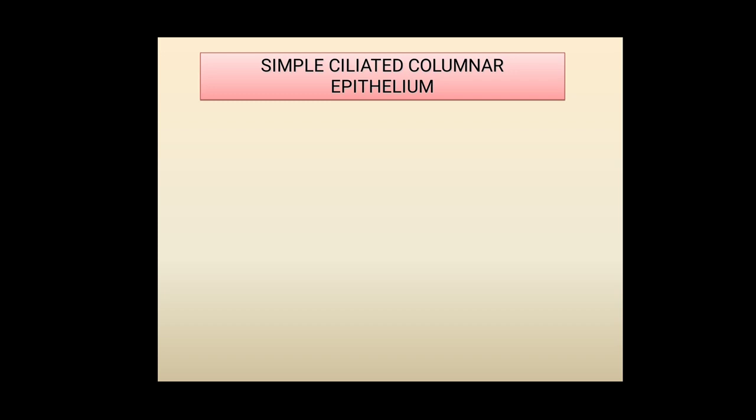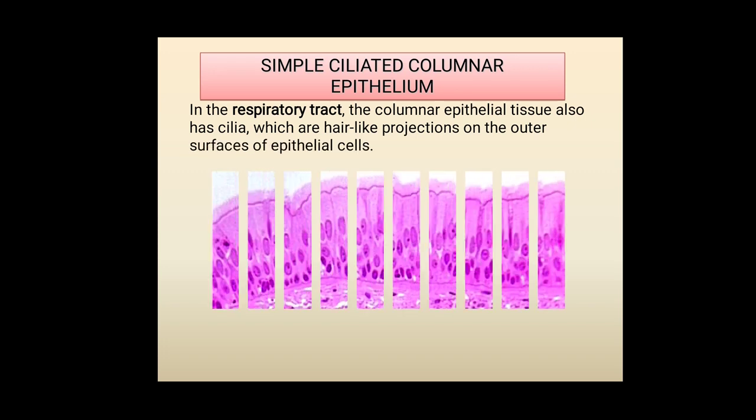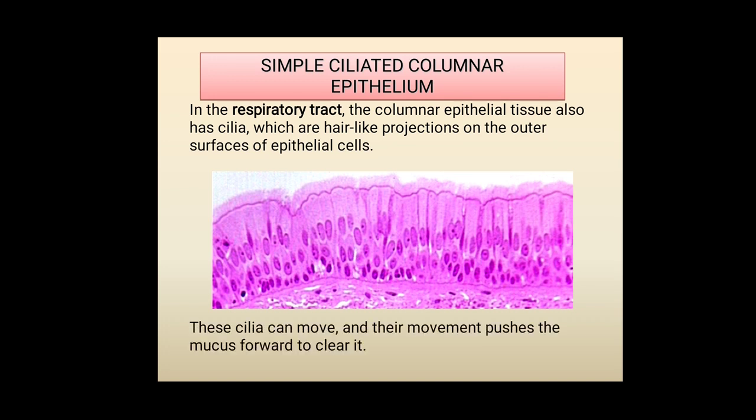Then you have one modified columnar, and that is simple ciliated columnar epithelium, and it is characteristic of the respiratory tract. All the tubes in the respiratory system are lined with cilia, hair-like structures you can see, and when the cilia move, they push the mucus forward.